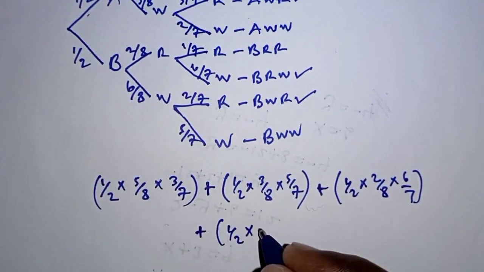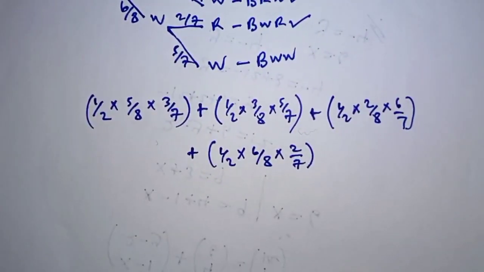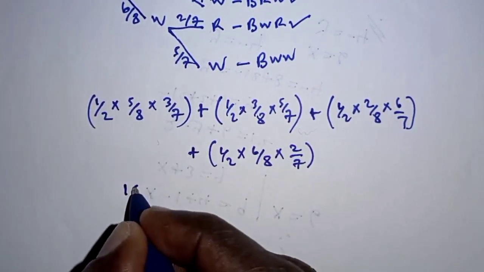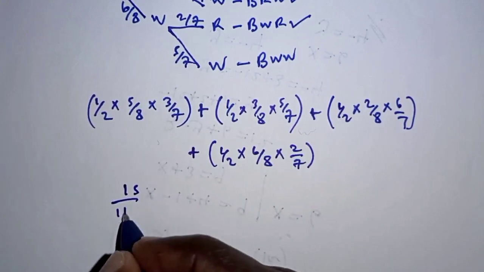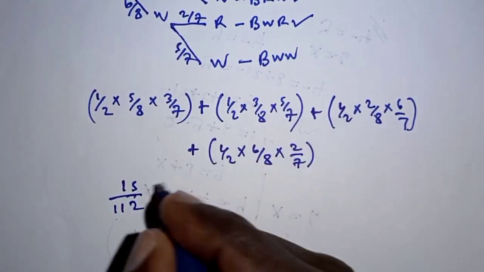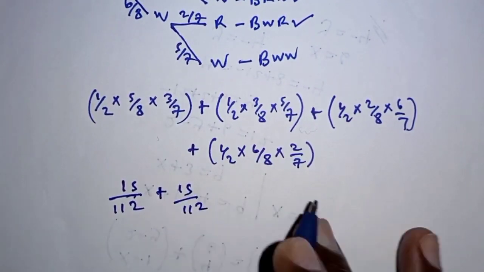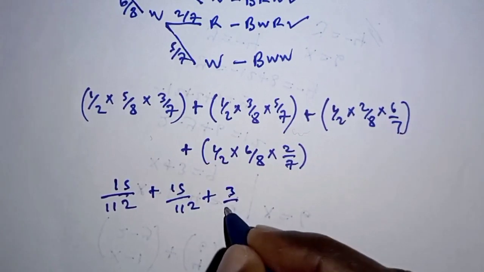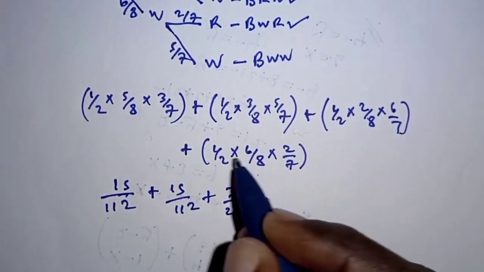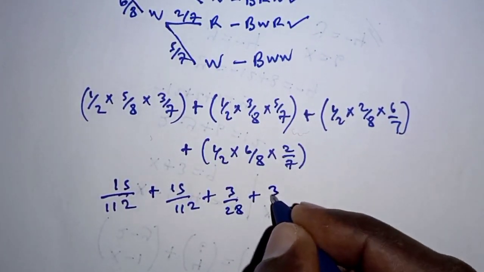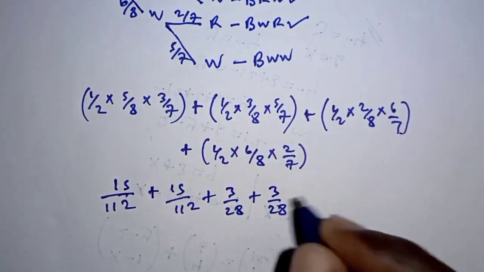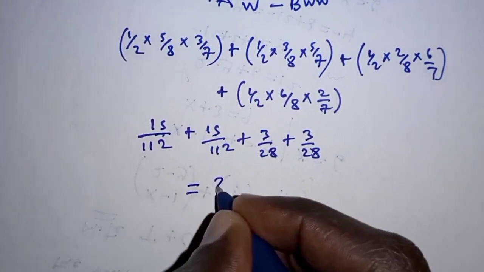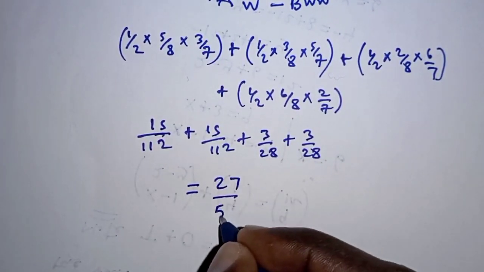So this first bracket here should give us 15/112, and is the same result we get for this second bracket. And then for this bracket here we get 3/28 plus this other bracket also 3/28. When we add all these, our final answer becomes 27/56.